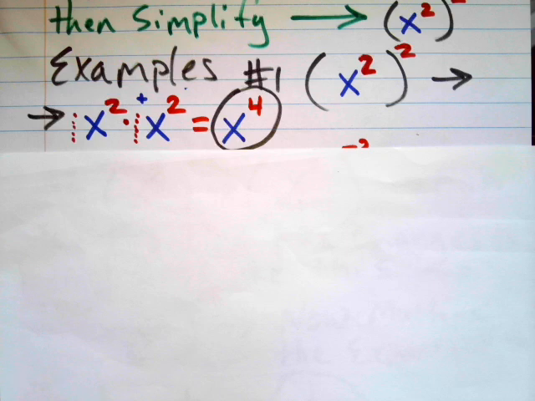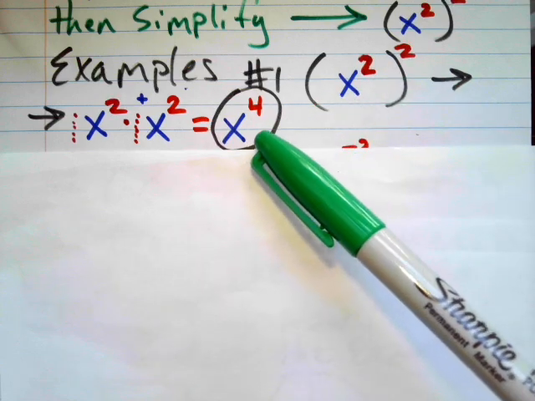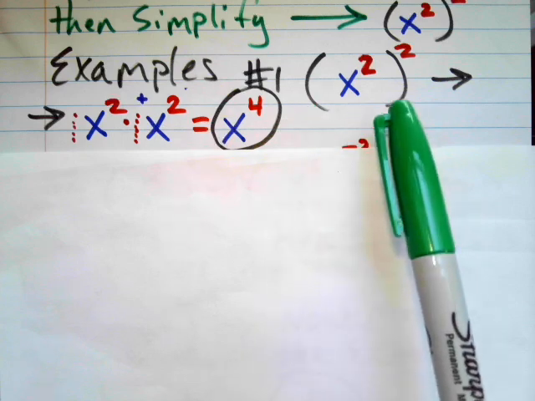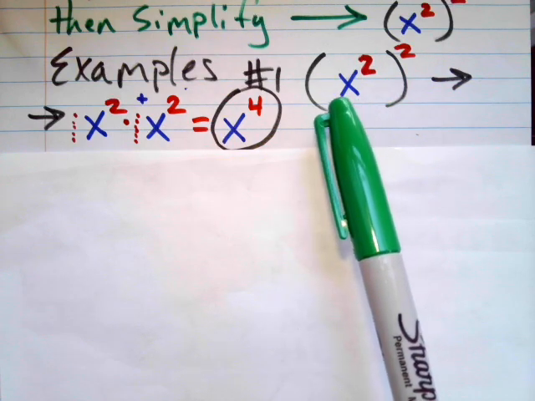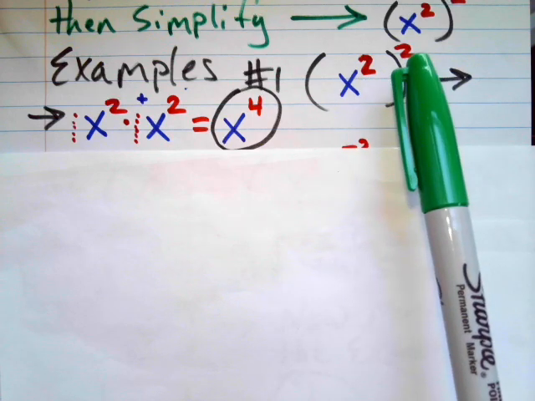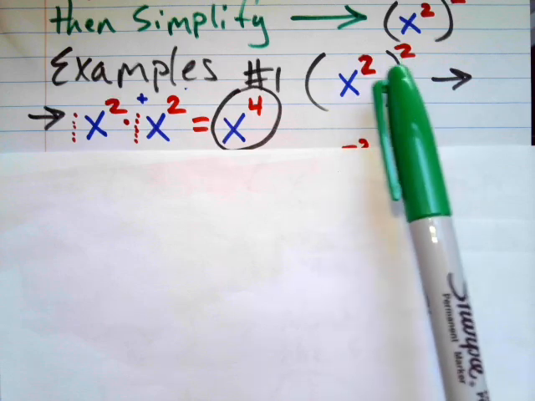So here you're going to see this broken down. Now again, you can multiply 2 times 2 and that'll give you x to the fourth. But you need to understand that within this parentheses you have a term, 1x to the second power. And when it's raised to a power of 2 like this, it means this term times itself twice.